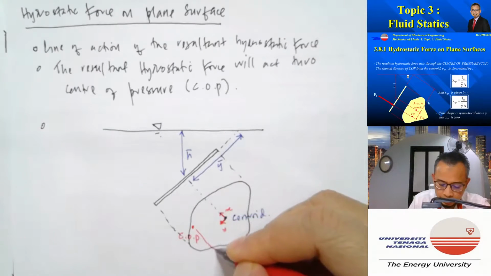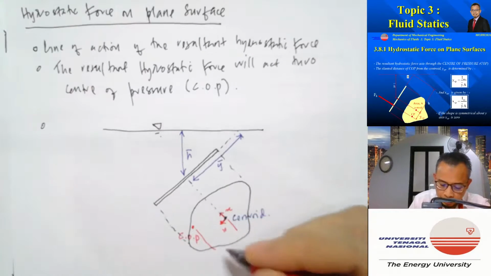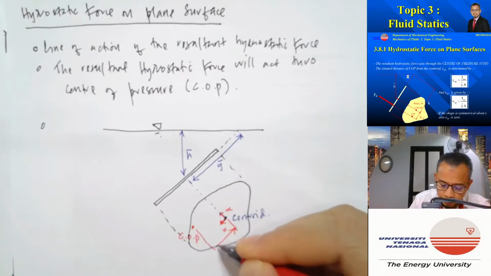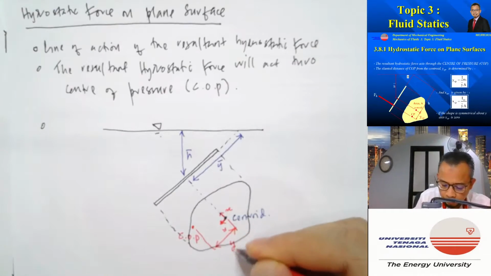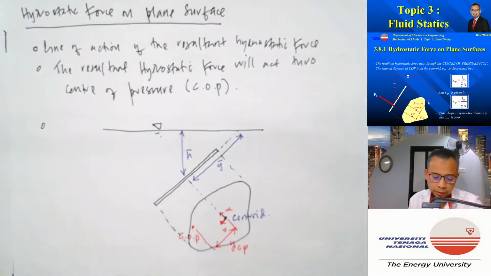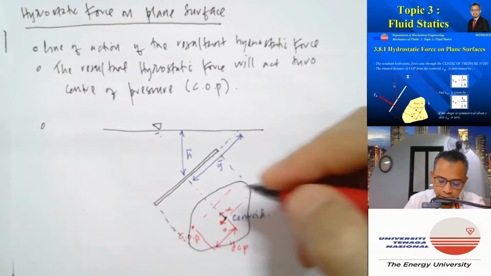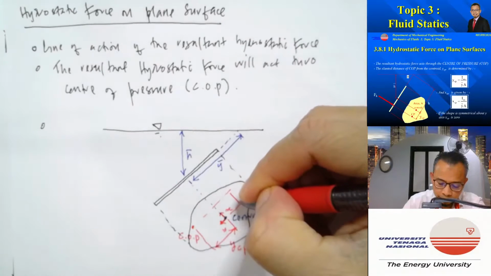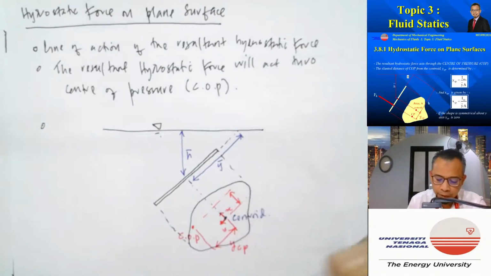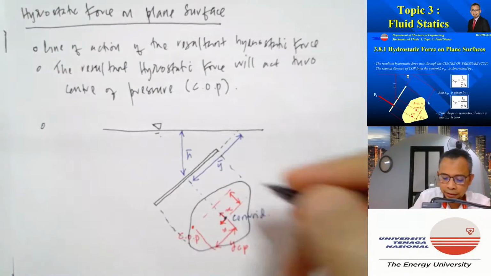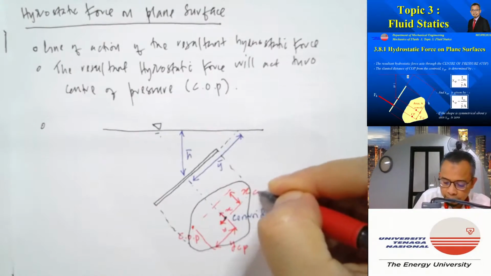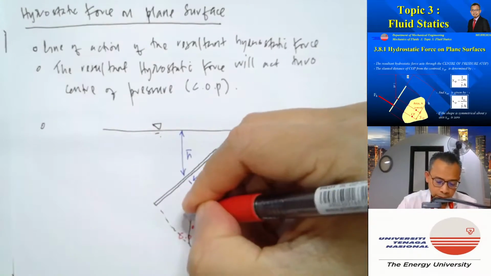So the slanted distance between the centroid and COP is what we call YCP, and the distance of COP from the centroid in the X direction is called XCP.